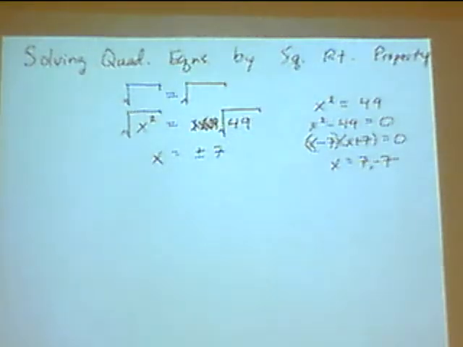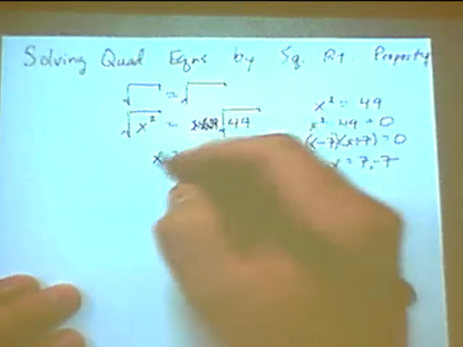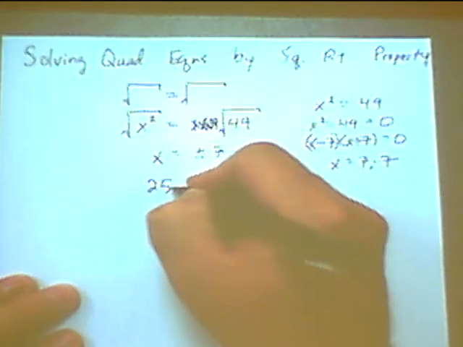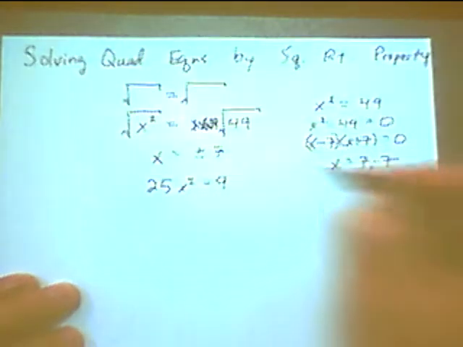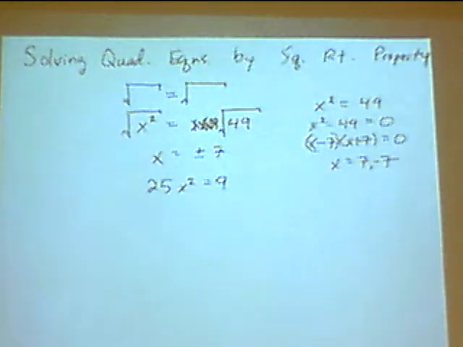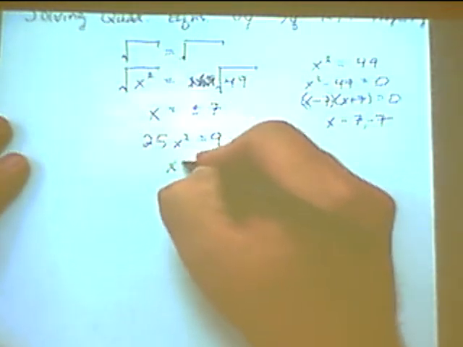Another example. One little twist to this one. But still not too difficult. In this case, I'm going to go and get the x squared by itself. You don't have to do that, but I like to. So I'll divide both sides by 25.